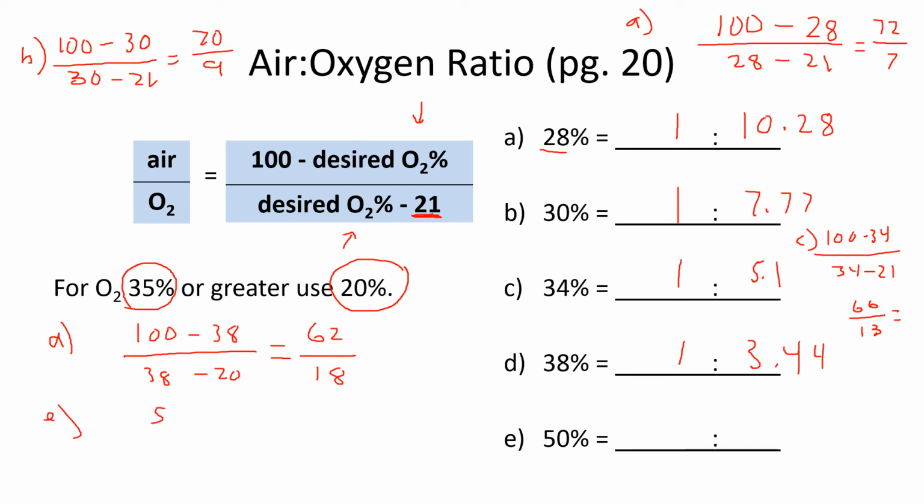So we got 100 minus 50 over 50 minus 20. 50 over 30. So about 1 to 1.66. Not too bad. Air oxygen.